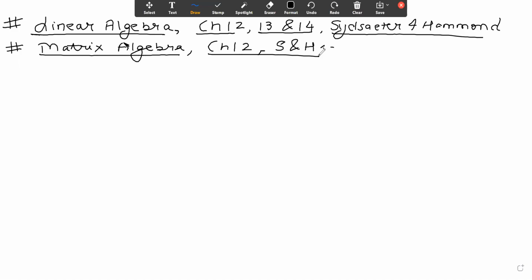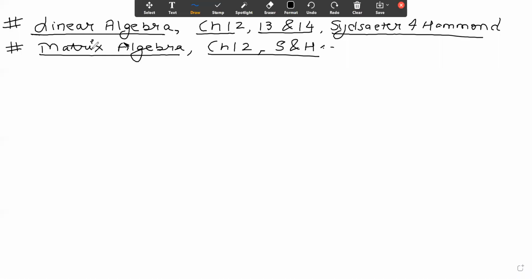Now, if all of you can recall, in the last lecture of matrix algebra, we had done the basic definition of matrices. We had talked about addition of matrices and multiplication by a scalar. We had also done some practice questions in the previous lecture.